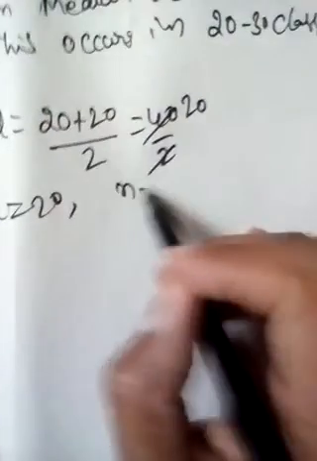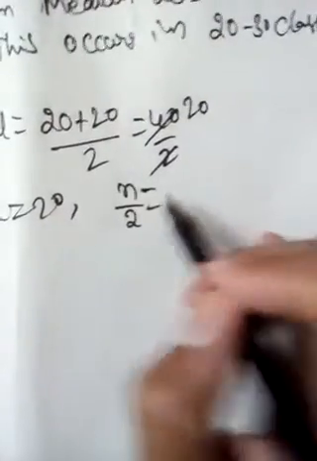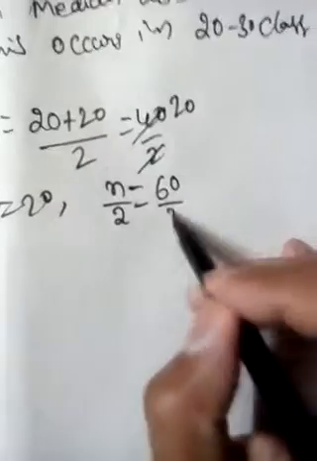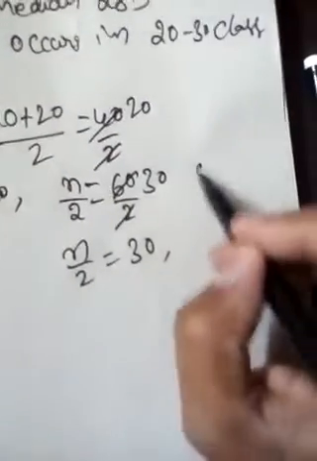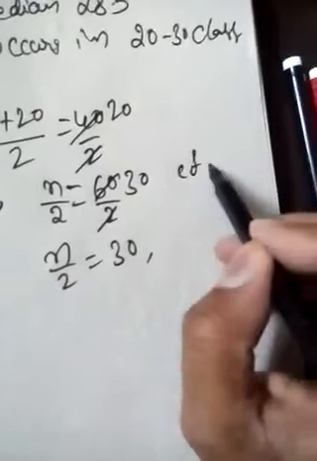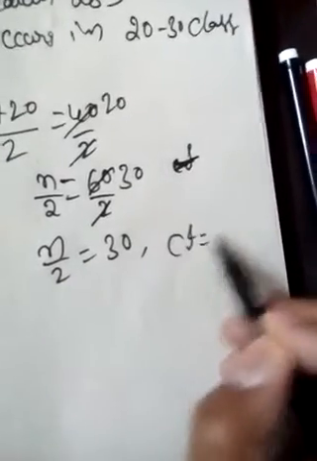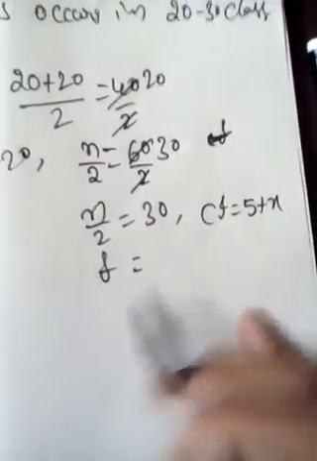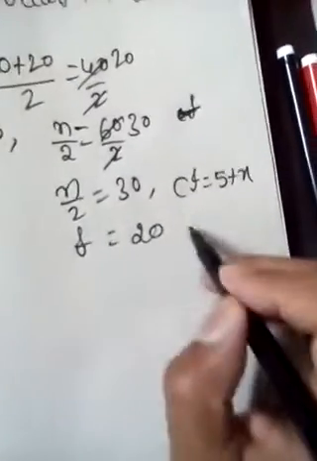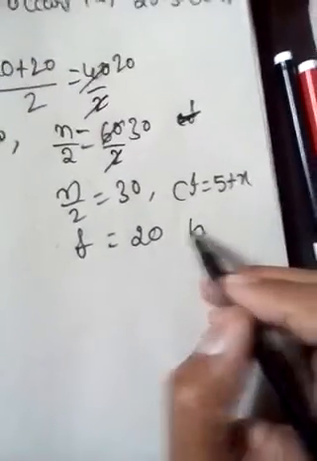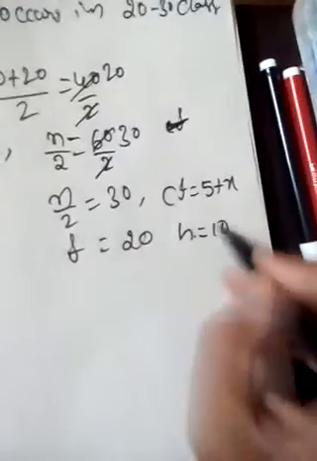Next, N by 2. We already know N is 60, so 60 by 2 is 30. You can directly substitute N by 2 as 30. Next, CF. What is CF here? CF means 5 plus x. F means 20. H means 10, the difference of any two classes, so H is equal to 10 only.